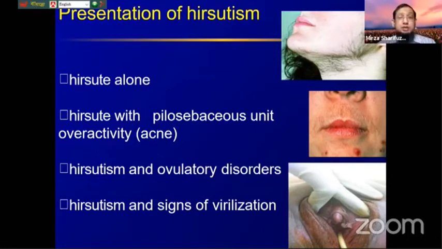And if androgen comes in excessive amounts, either from virilizing CAH or from an androgen secreting tumor, the patient will have signs of virilization like clitoromegaly, increased muscle mass, frontal baldness, deepening of the voice, and breast atrophy. These are the features that are evidence of virilism. I will discuss it later on.